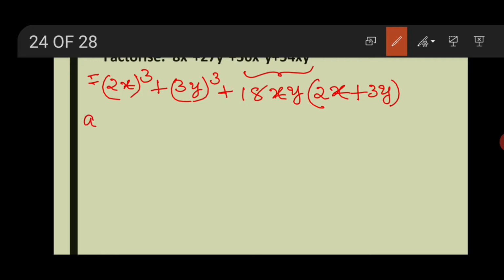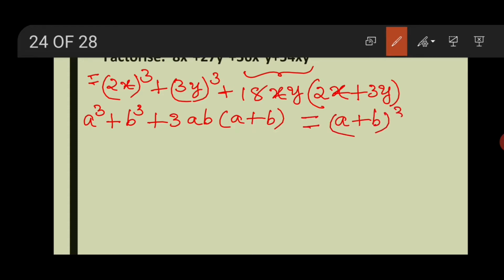Now this resembles a cube plus b cube plus 3ab into a plus b, that is equal to a plus b whole cube. Here, what is the value of a? It is 2x and value of b is 3y.